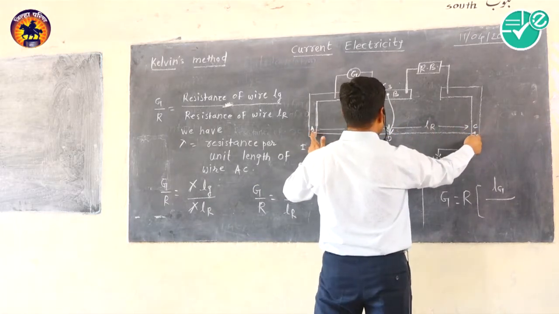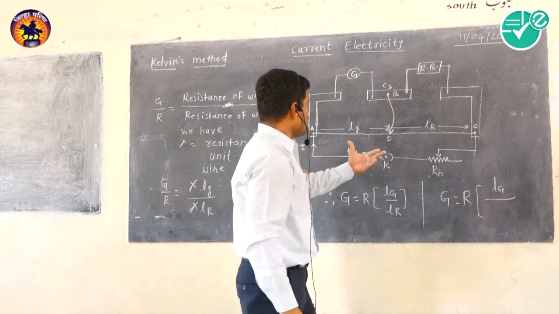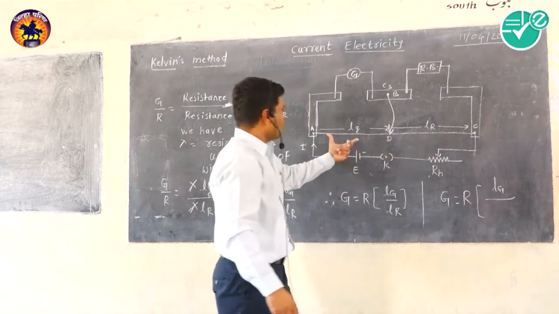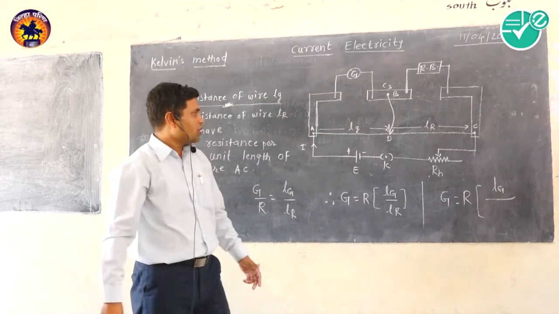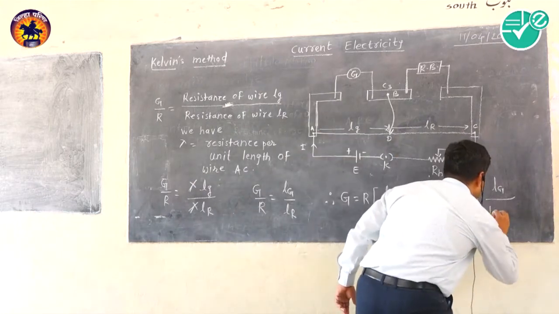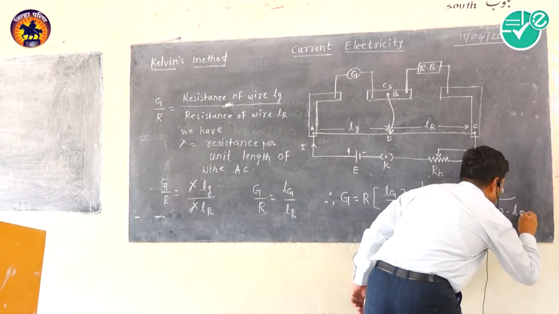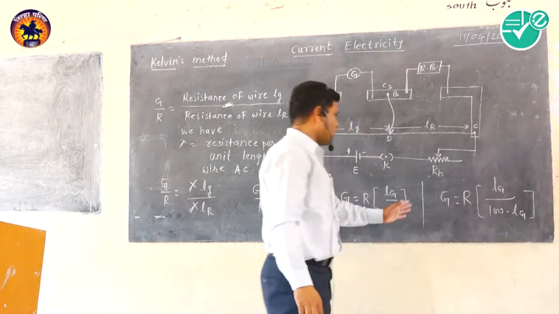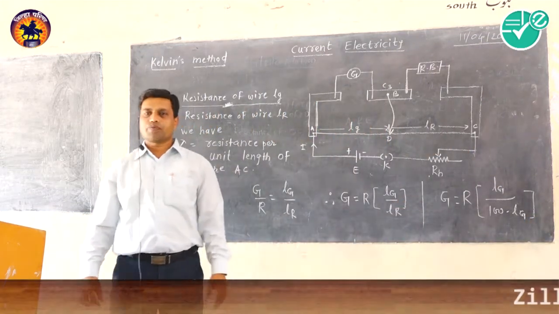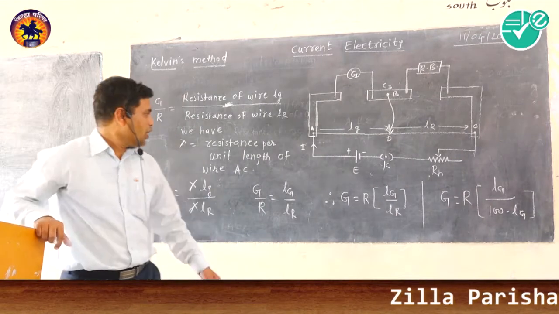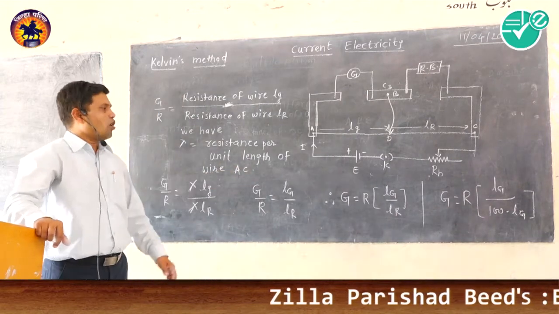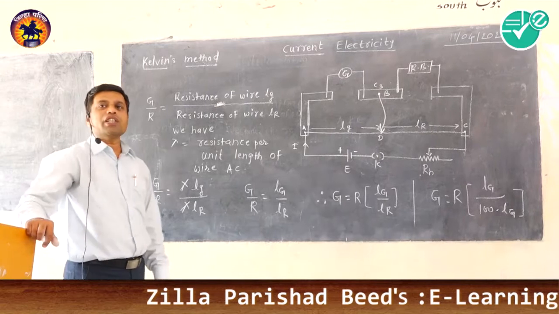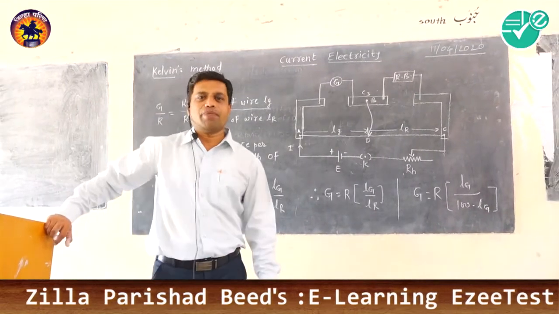LR means this is 100 centimeter; if from 100 centimeter you subtract LG, then you will get LR. So these are two different formulae to calculate the resistance of a galvanometer using Kelvin's method.